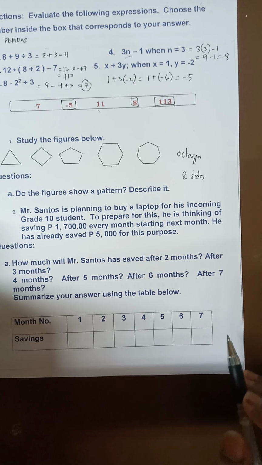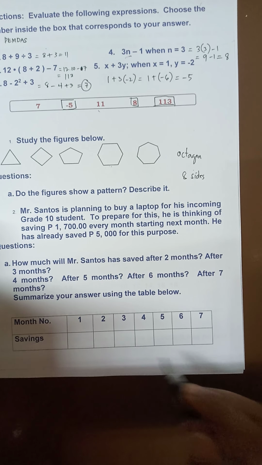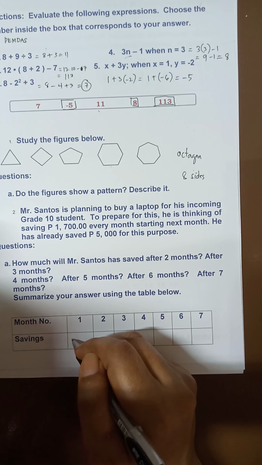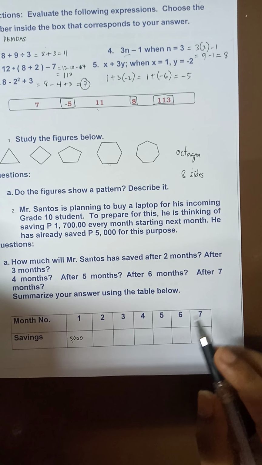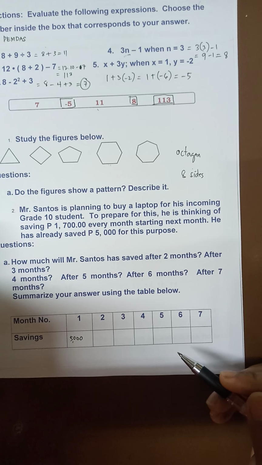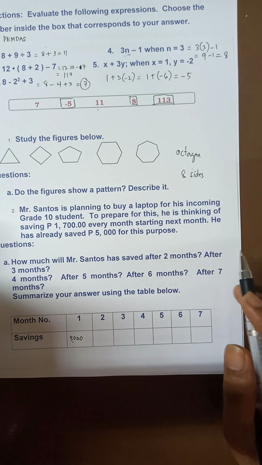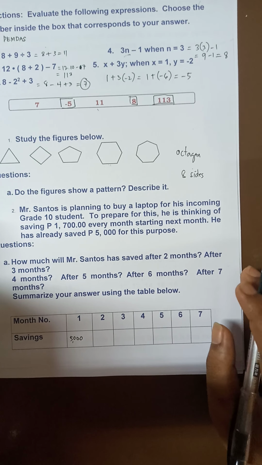Okay? So Mr. Santos has already saved 5,000 pesos. So the first month he has already saved 5,000 pesos. Now he will start saving money for the laptop of his son or daughter.